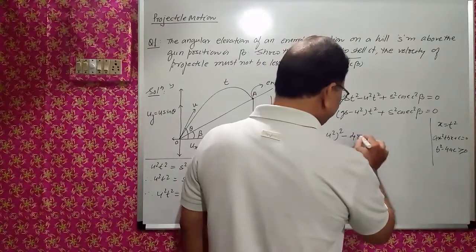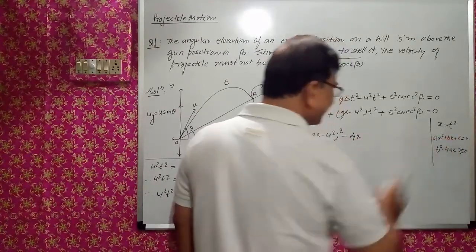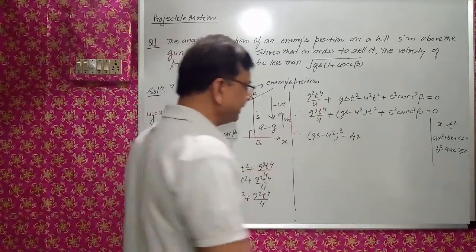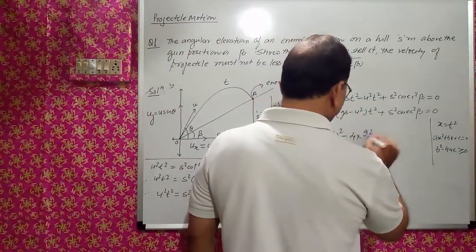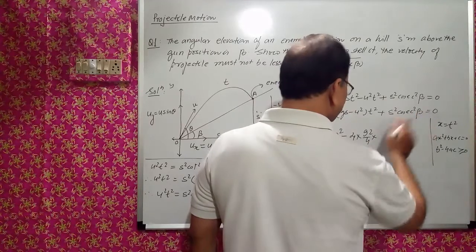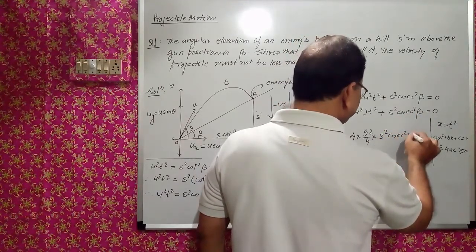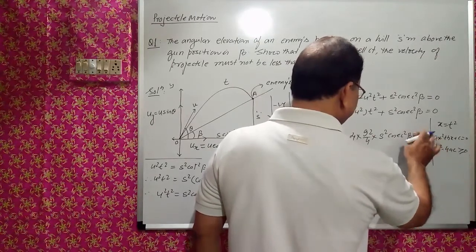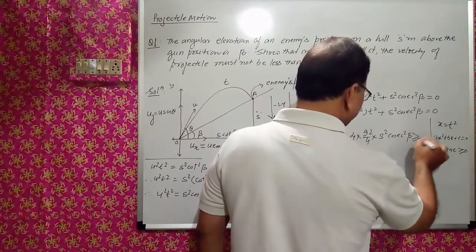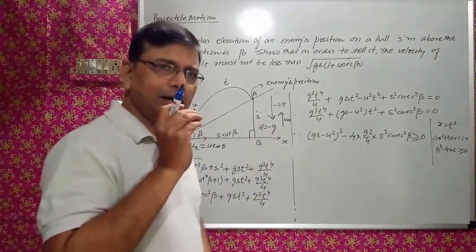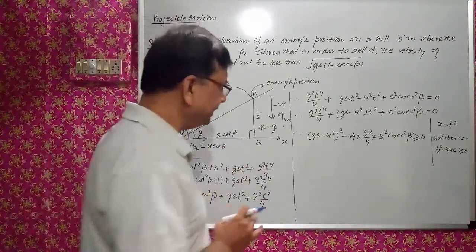Minus 4 into a, the coefficient of x square, meaning the coefficient of t square, that is g square by 4, into this quantity, that is s square cosec square beta, is greater than or equal to 0. Then only t square will be a real value, right?